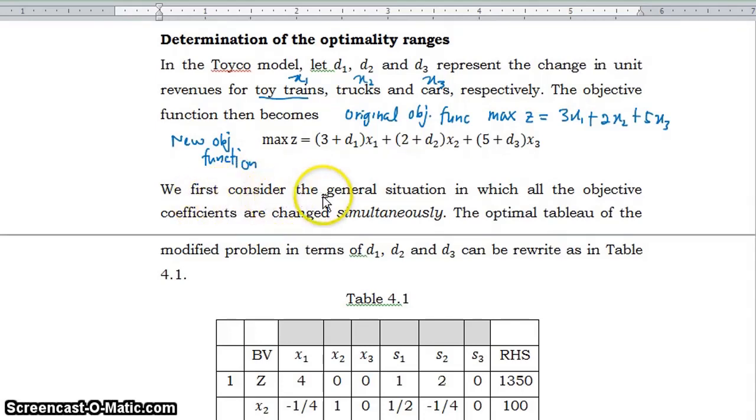We first consider the general situation in which all the objective coefficients are changed simultaneously. This means that TOYCO wants to change the unit revenue of each type of toy. The optimal tableau of the modified problem in terms of d1, d2 and d3 can be rewritten as in table 4.1.